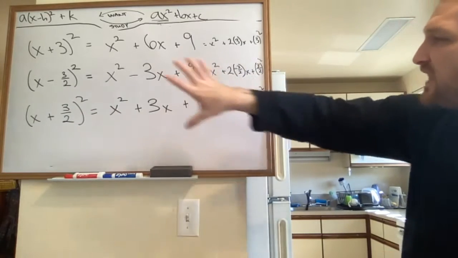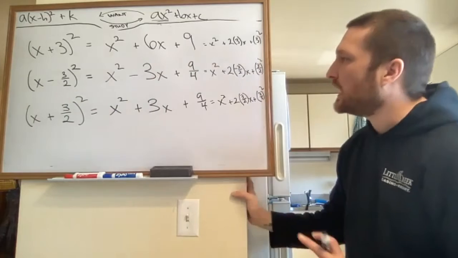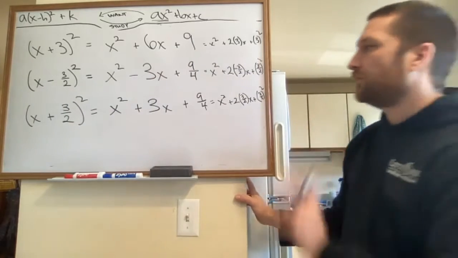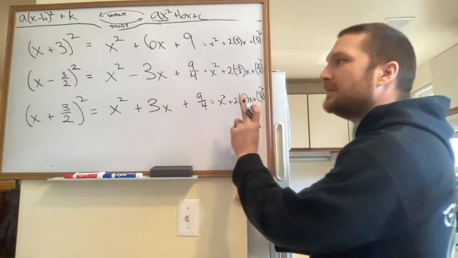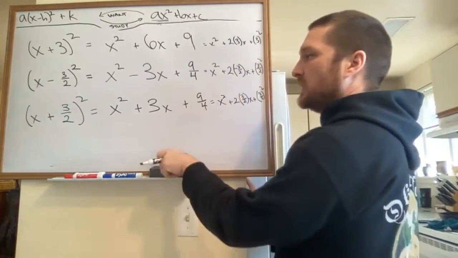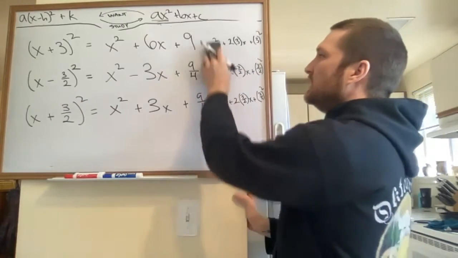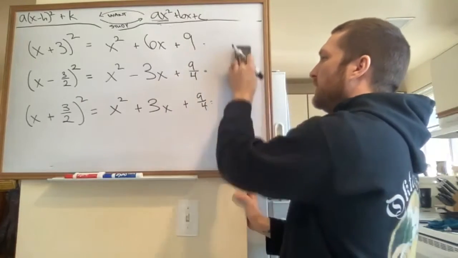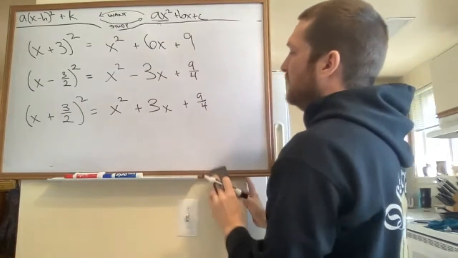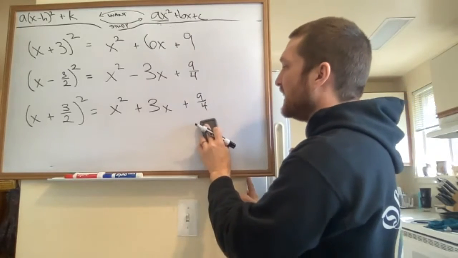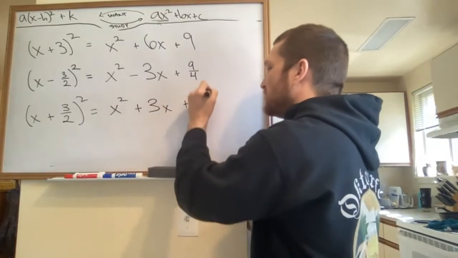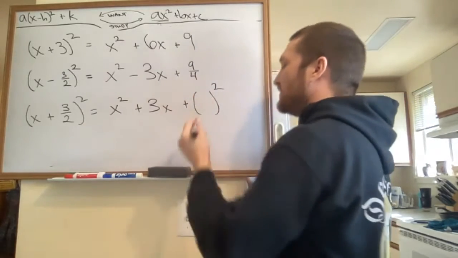But the thing to notice is, this is kind of interesting. In fact, I'm even going to rewrite each one of these to make this even simpler. This 9/4, I know where it came from. I just took something and squared it.